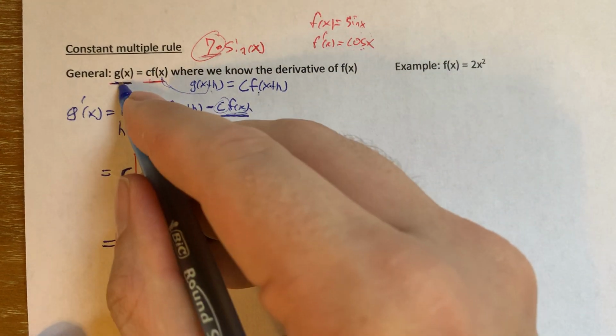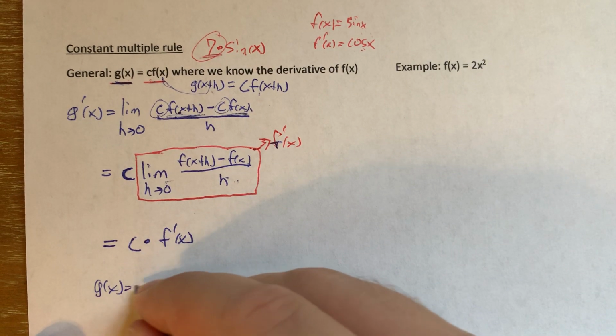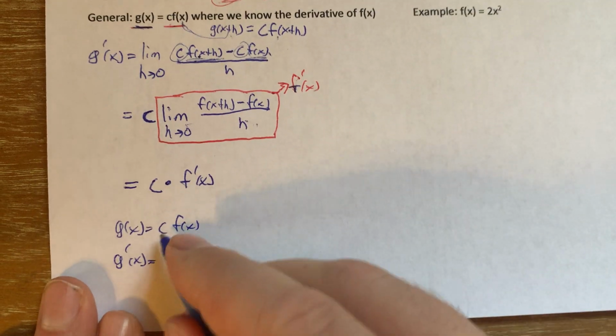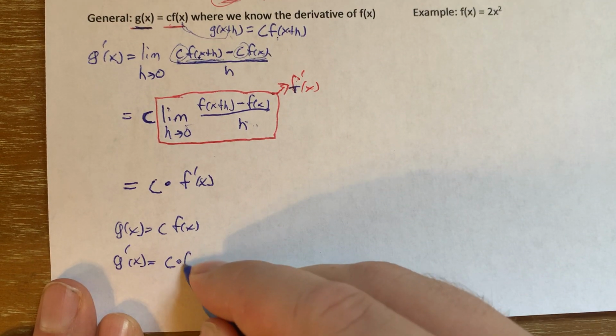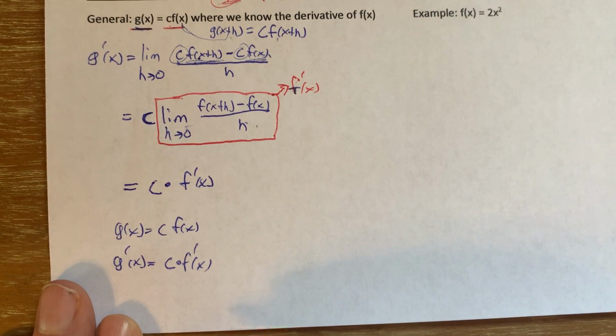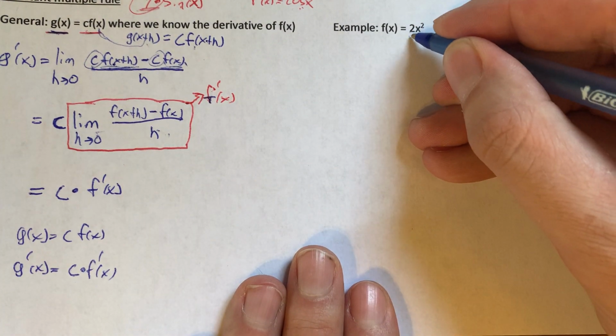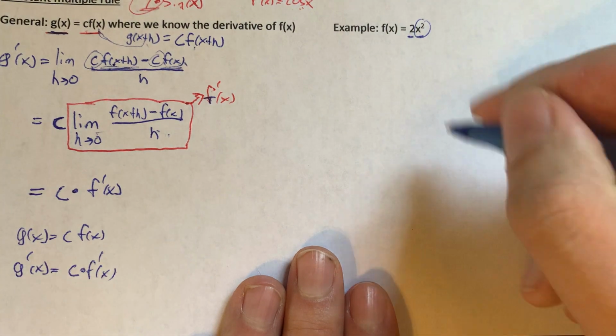So this says that if g of x is a constant times a function we know, then for the derivative you just leave the constant alone and do the derivative of the function you know like normal. Let's look at an example. If you have 2x squared, well, this is 2 times a power rule one.